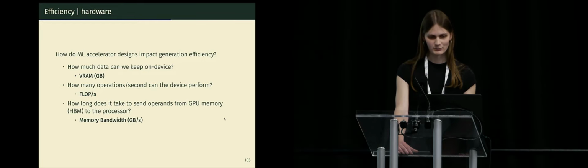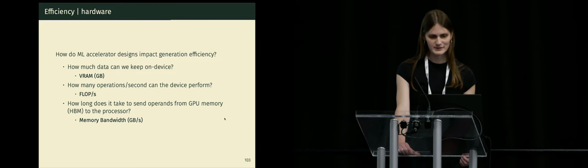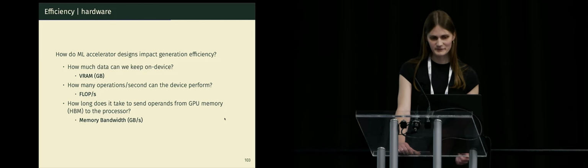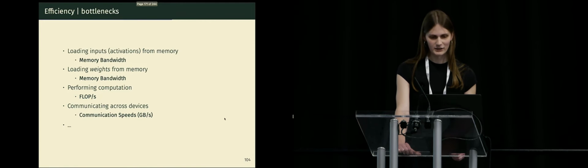So a few key quantities to keep in mind about machine learning accelerators like GPUs that impact inference efficiency include the total amount of memory we have per device, measured in gigabytes, termed VRAM or HBM, high bandwidth memory, the actual compute capability of the device, how many operations per second it can perform at maximum, measured in FLOPs per second, floating point operations, and another factor, memory bandwidth, measured in gigabytes per second, which represents how long it takes to shuttle operands around the chip.